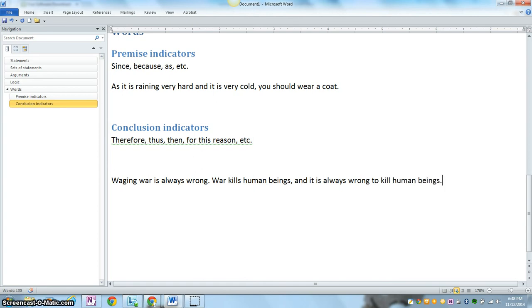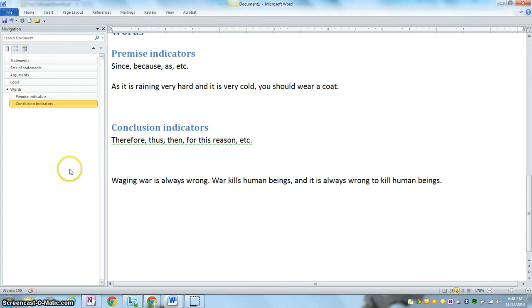Okay, this is an argument, but there are no words like as, because, since, therefore. The context tells you that it is an argument. Those words sometimes serve as indicators, but they're not essential for the argument to be an argument.